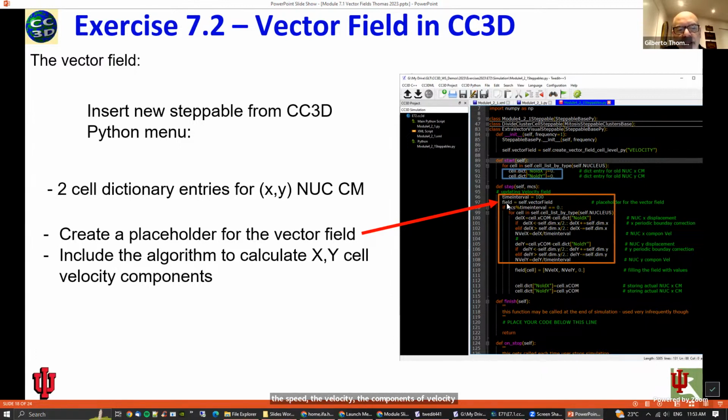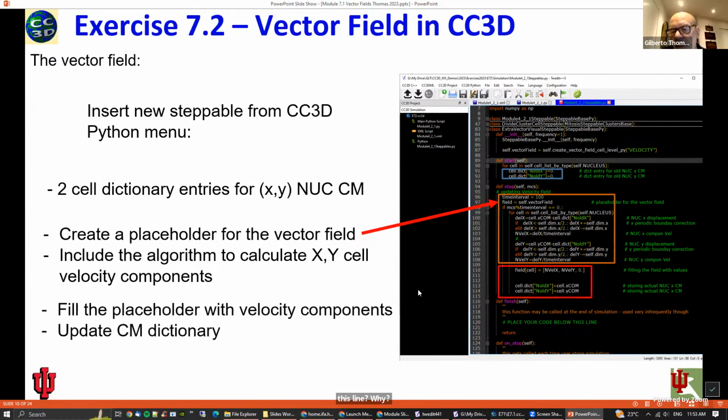We define the placeholder for the vector field at this line, shown by the red arrow here. And finally, we fill the field with the components of the velocity.